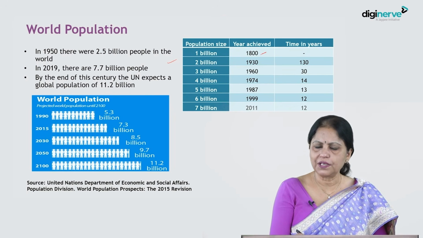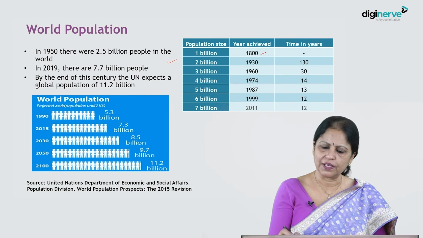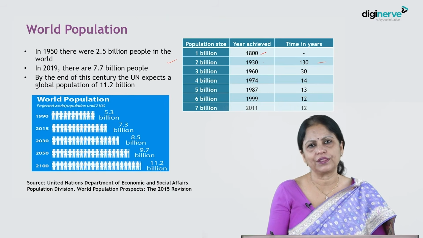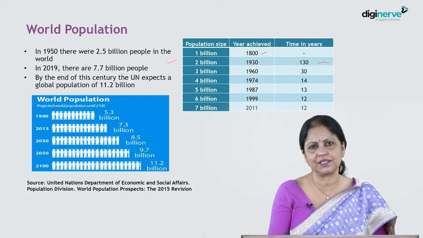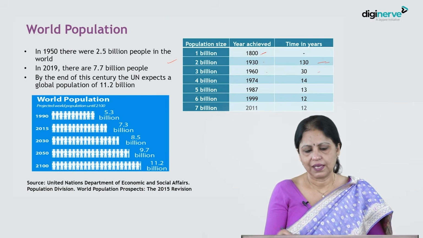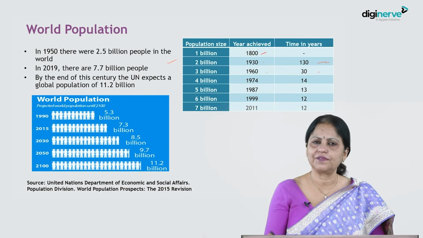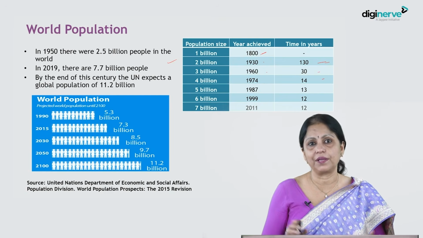The next billion was added, that is it became 2 billion, in 1930. So it took 130 years. Subsequently, the third billion happened in 1960, so only 30 years. Then the fourth billion in 1974, that is only 14 years. So this was increasing at an alarming rate.